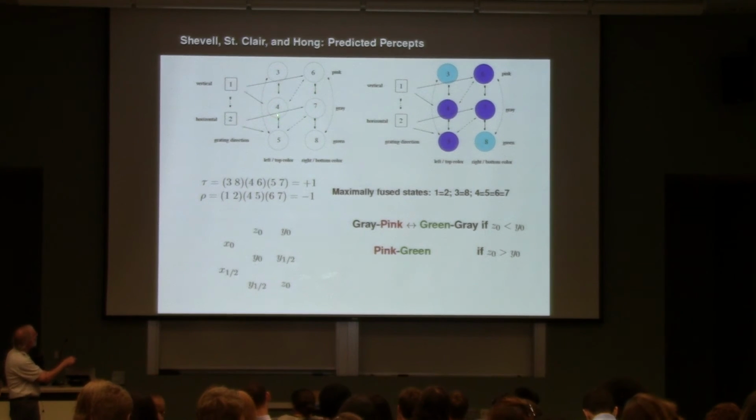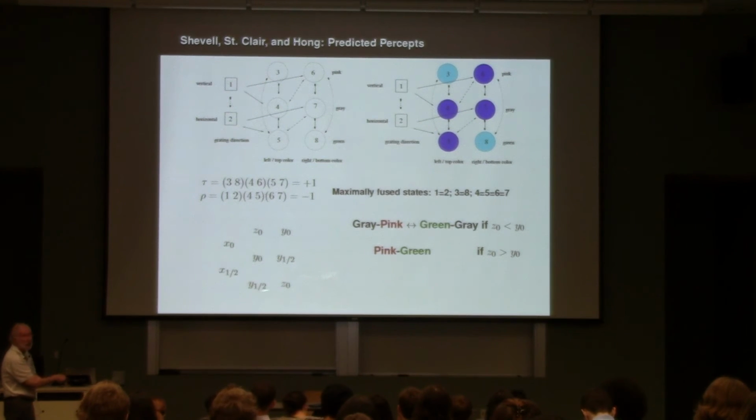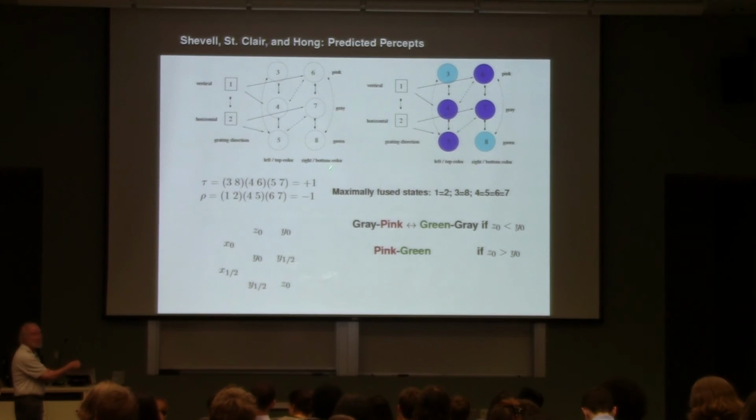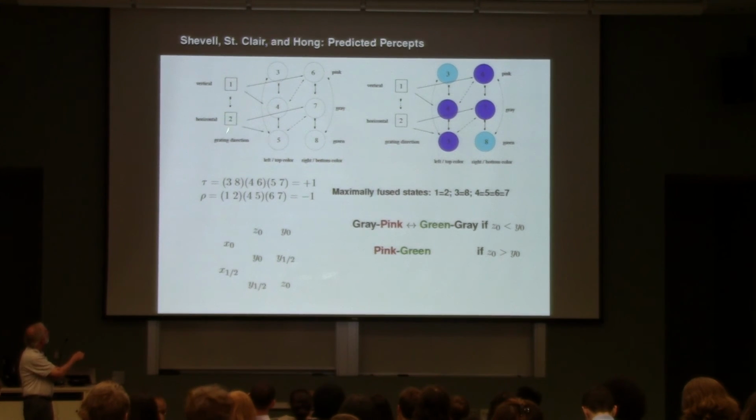You're going to go back and forth between gray and pink and gray and green and gray, and go back and forth between vertical and horizontal. And that's the two images that you started with. If Z0 is bigger than Y0, that is, you choose 3 and 8, then you will get an image which is pink and green together, going back and forth between vertical and horizontal.